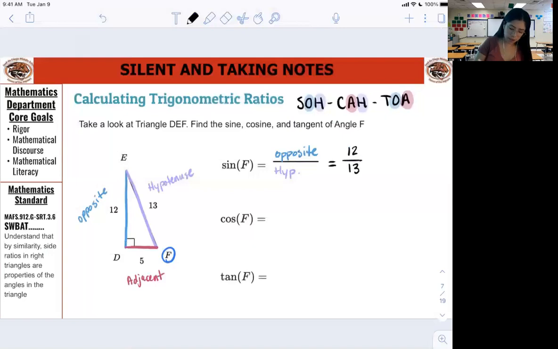All right, cosine. Cosine is what over what? Okay, nope, that's not cosine. So SOHCAHTOA. Adjacent over hypotenuse, good.